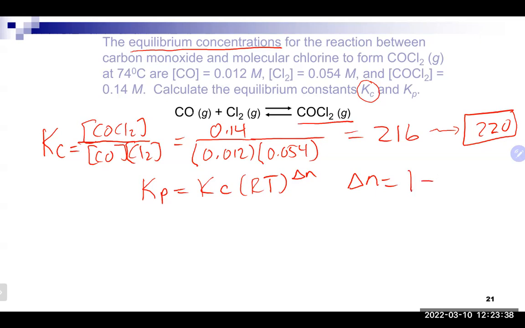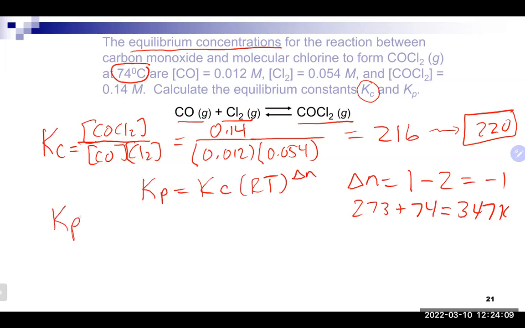On the reactant side, we got 2 gas molecules there, going to give us a -1 there for our delta N. We also need to take our temperature and convert it into Kelvin as well. So that's going to give us 273 plus 74, looks like. So 273 plus 74 going to get us a 347 Kelvin. And I think that's everything that we need.